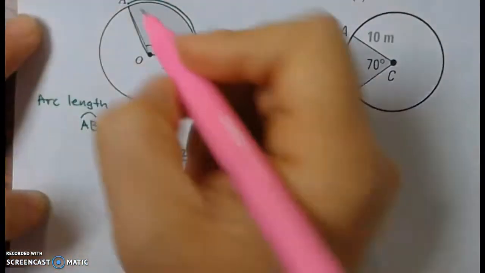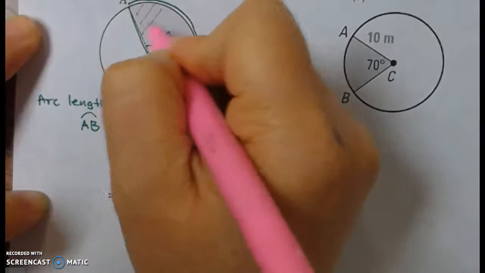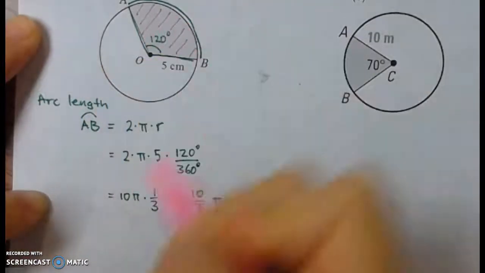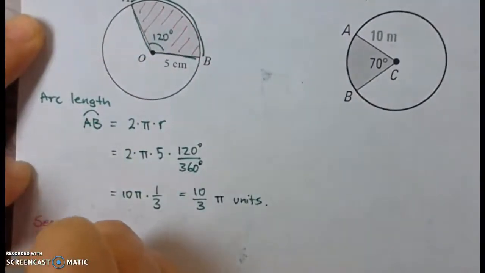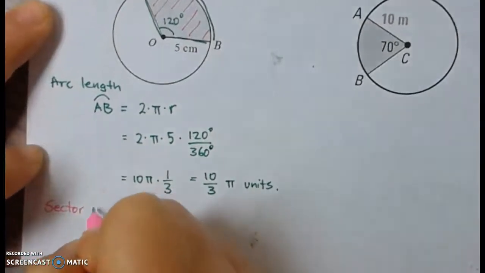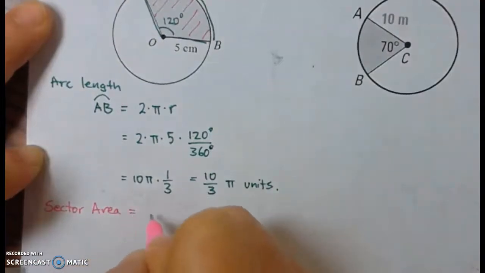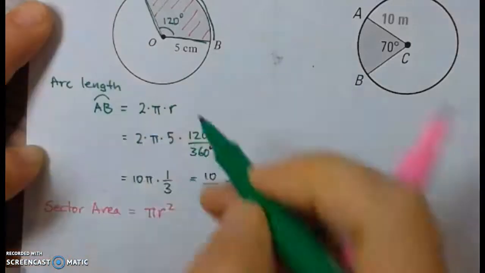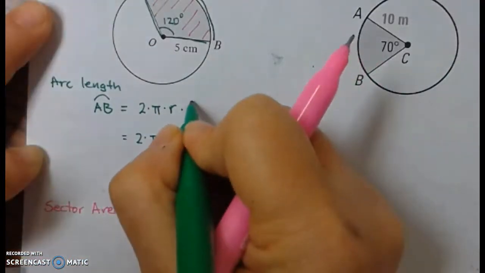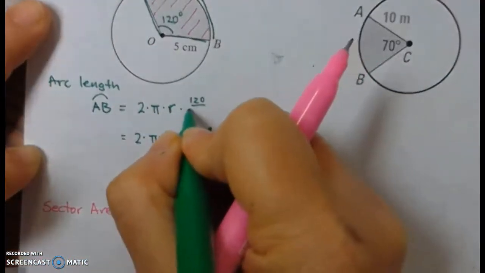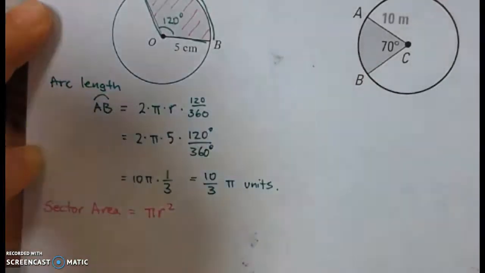What about the area? When we're talking about sector area, we're talking about this portion. Sector area is always pi r squared, the area of the whole circle. Actually, let me multiply by 120 divided by 360 to show proper work.